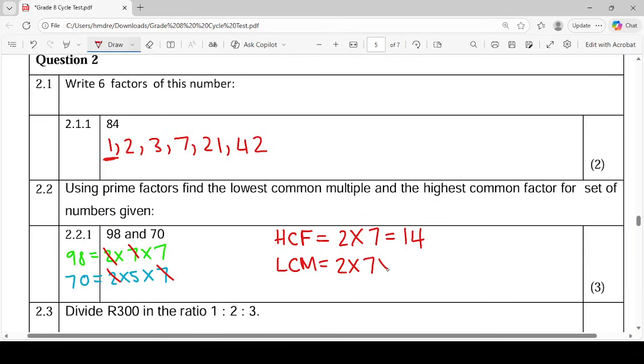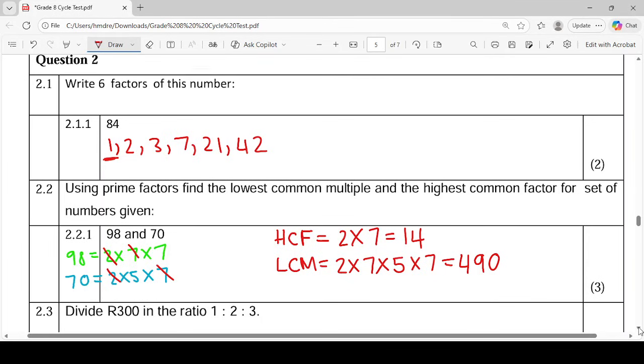And then we also add in the 5 and the other 7. And we work that out. Okay, so 2 times 7 times 5 times 7, and so we get the lowest common multiple for these numbers is 490. So for the lowest common multiple, you just make sure you don't duplicate. So if you've got 2 in both, you only write it once.